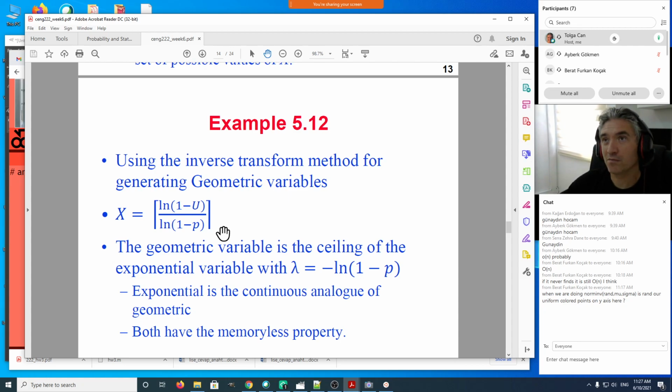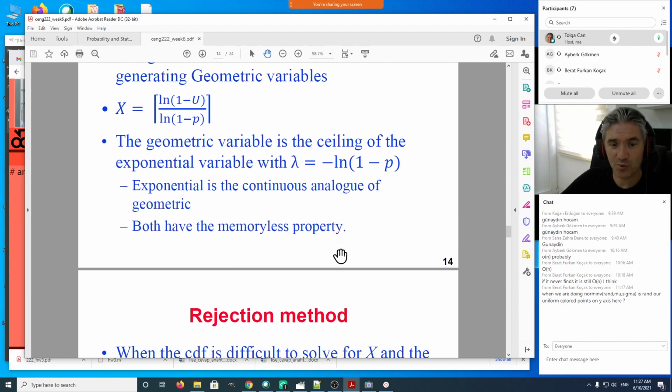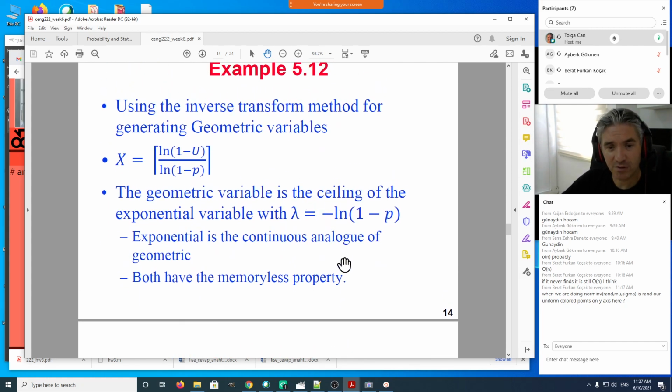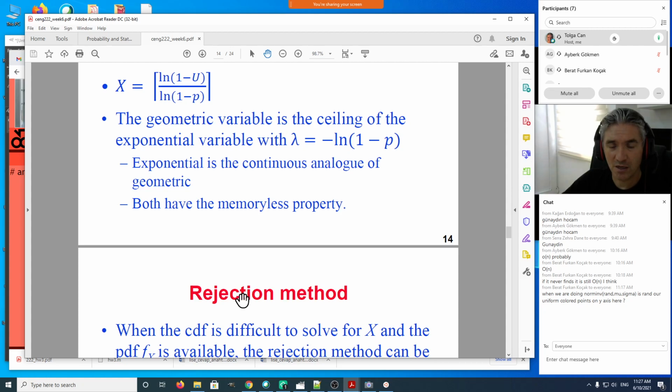You may use the inverse CDF, as it may be invertible, but we will see another method next, which is called the rejection method. I will continue with the rejection method on Tuesday. So we will still use one additional hour on this chapter.